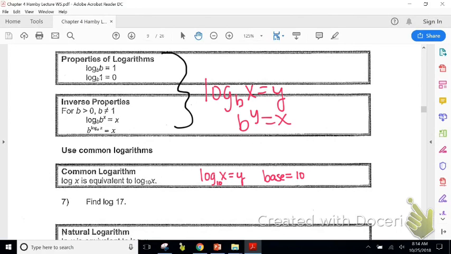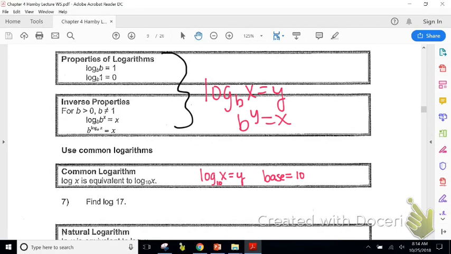All right, number 7 says to find log of 17. Well, if it's in base 10 and our number system's base 10, what is our calculator going to be in? Base 10. So can I put log of 17 in my calculator? Yes.